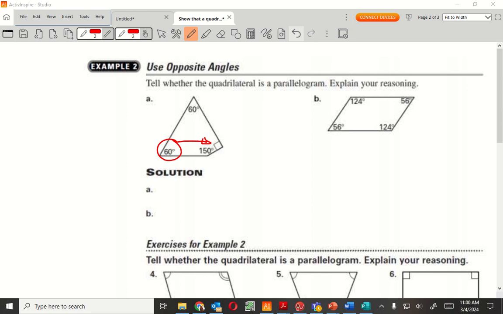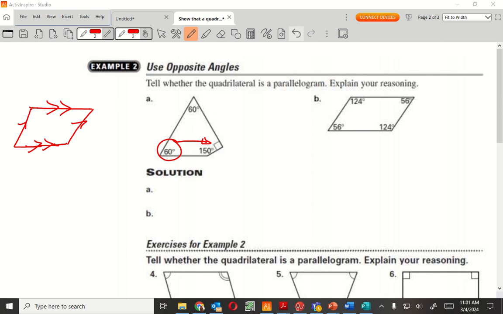And if you notice right here, it's a weird shape, isn't it? A parallelogram, by definition, the sides are, I'll let you guess. By definition, in a parallelogram, the sides are parallel.